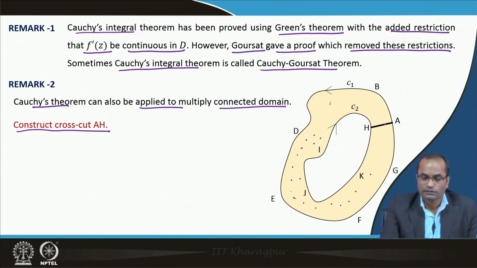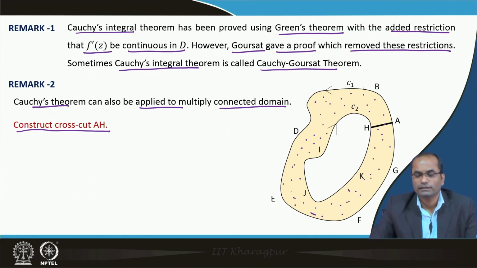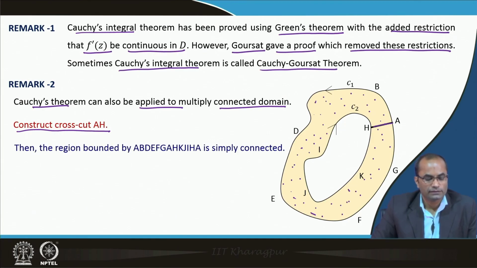So, here this is the domain where for instance the function is given to be analytic, and then we want to apply the Cauchy theorem. Directly we cannot apply because of this multiply connected domain. So, what we have done, we have used a cut here, and the idea is that this region bounded by now this one.